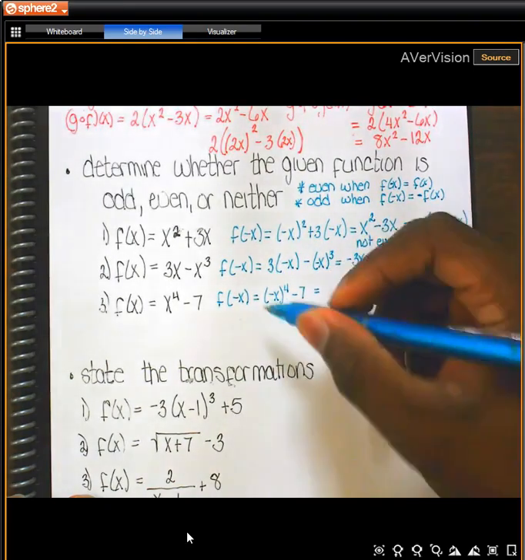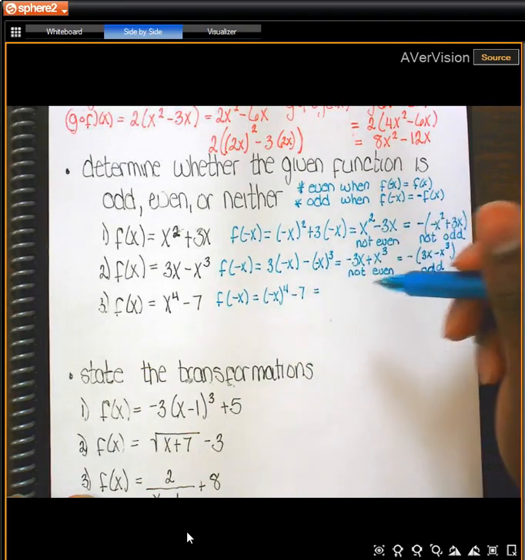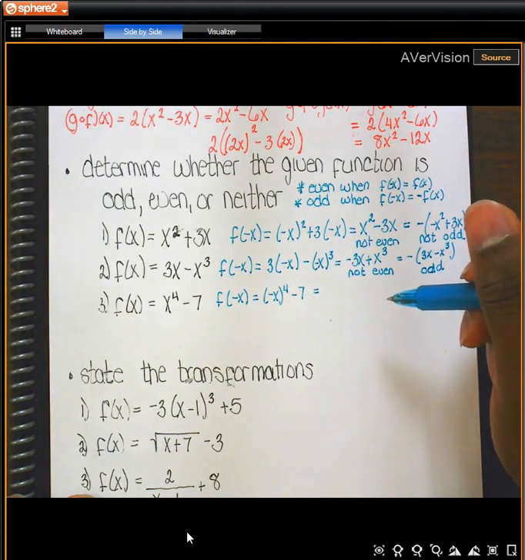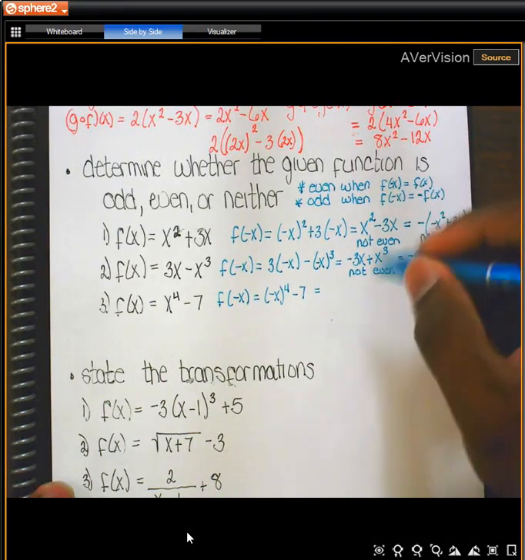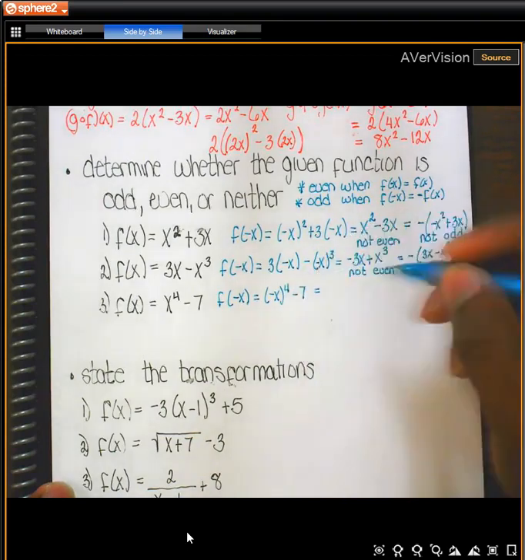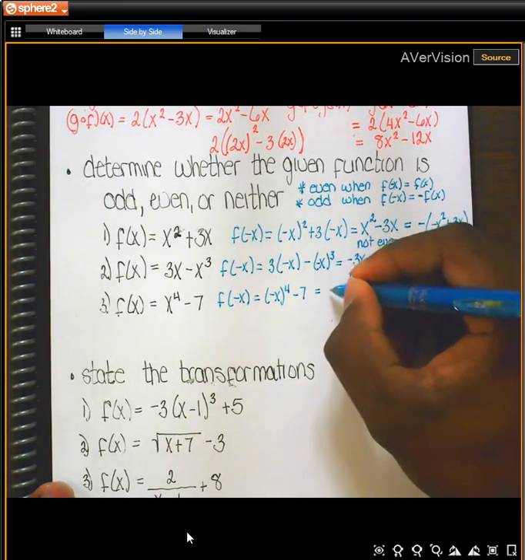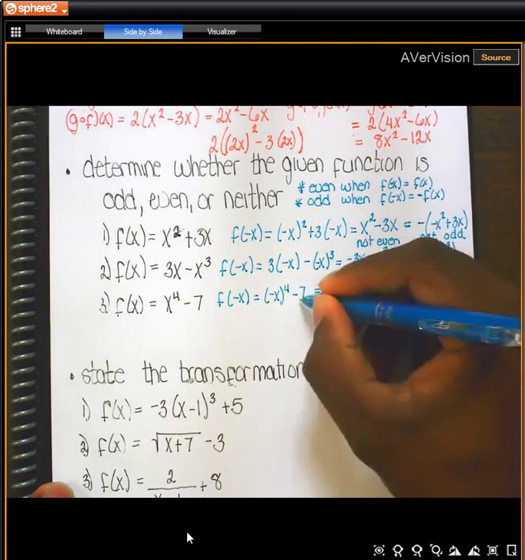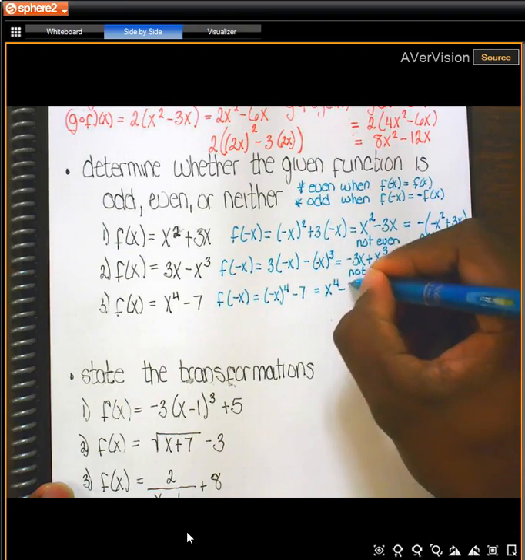What is negative x to the fourth? Yeah, because the exponent is even, it becomes positive. And this one doesn't change because there is no x with it.